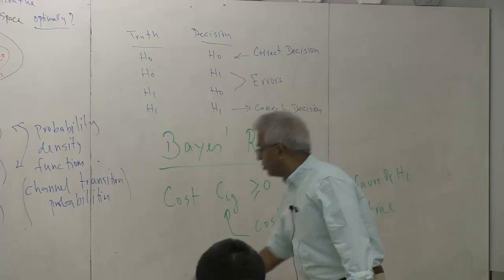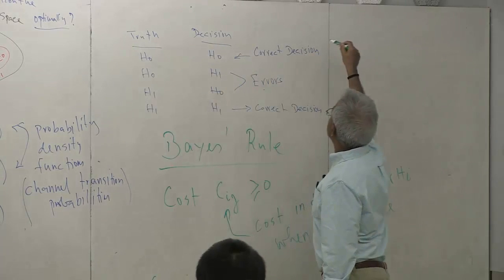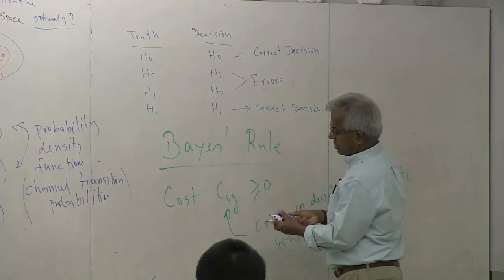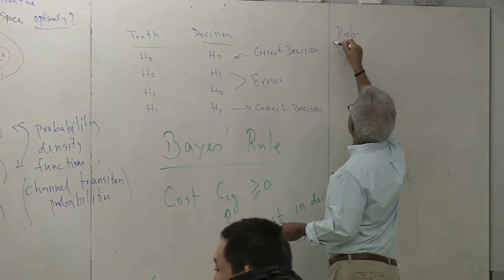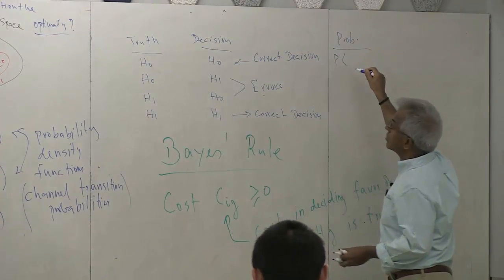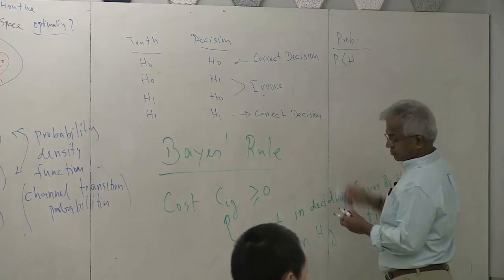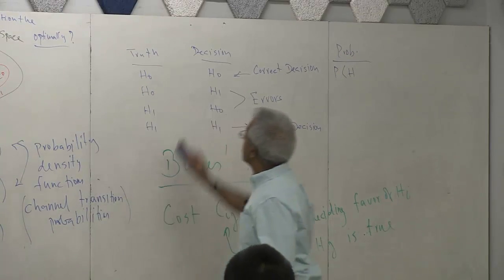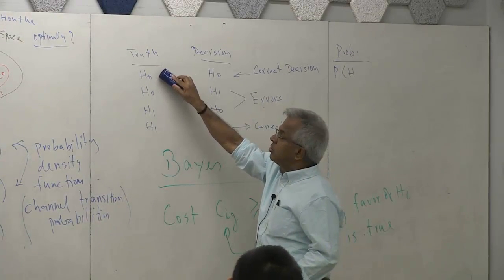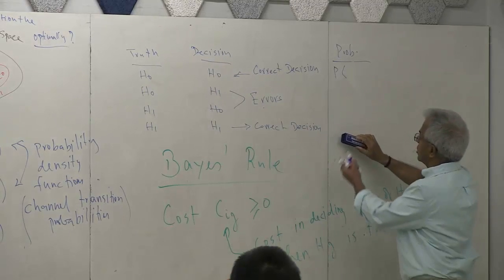And similarly, let me also define, remember, when this happens, there is also a probability. So what is the probability of that? Truth is H0, H0 is true, and you are deciding in favor of H0.